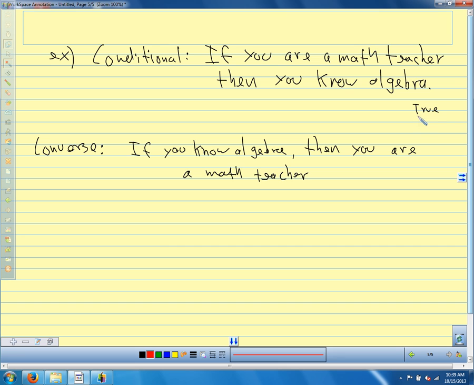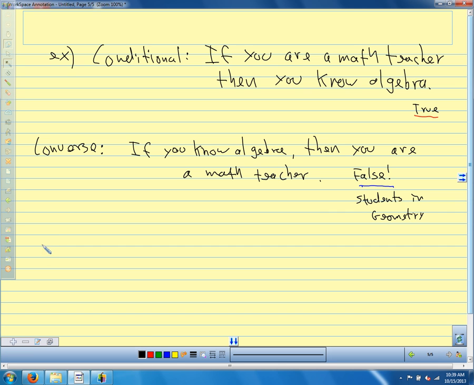I'm going to underline this. Is this a true conditional statement? No? What would be our counterexample? We talked about this the other day. Anyone in this class, hopefully. So this is false. Our counterexample is students in the class. So that would be our counterexample, and I'm going to underline that one in blue.